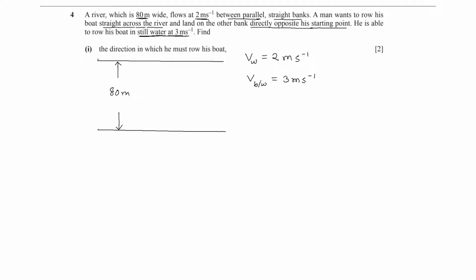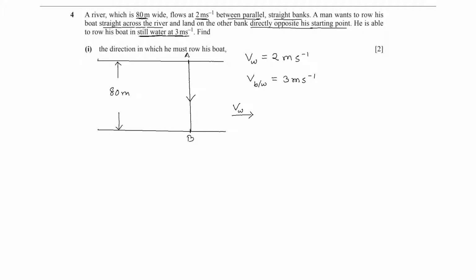Okay, now let me mark the starting position and ending position of the boat. Let's say the starting position is A and the ending position is B, and the boat must come directly from A to B, where AB is perpendicular to the banks.